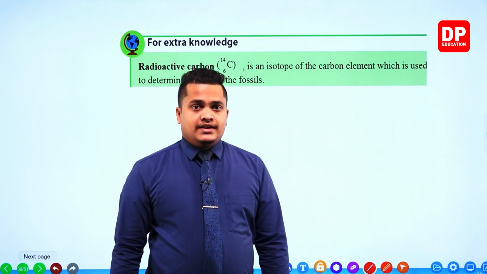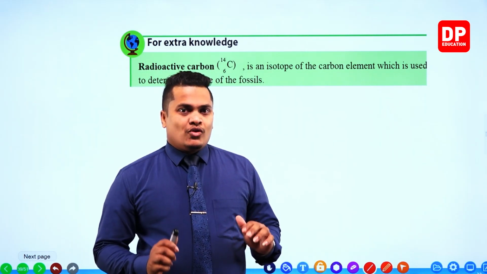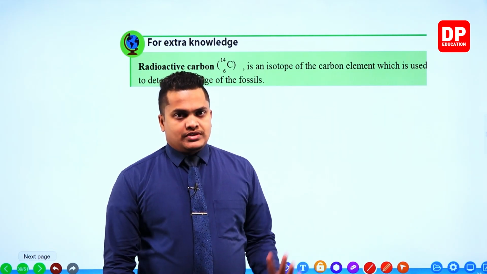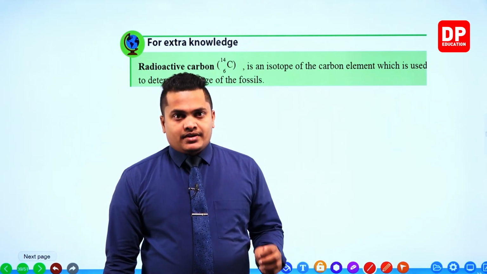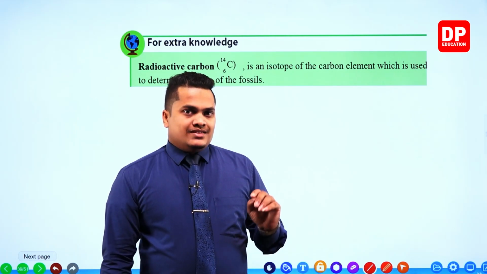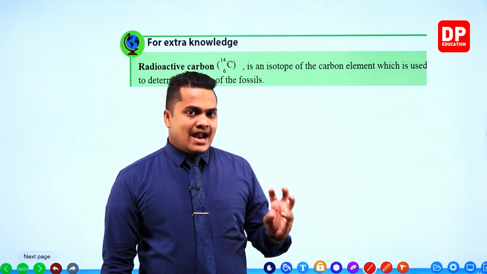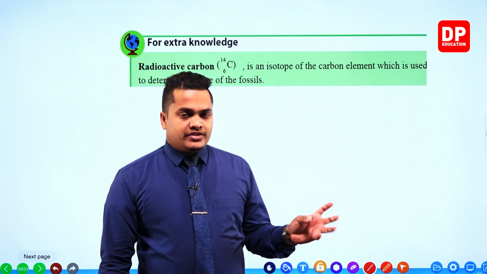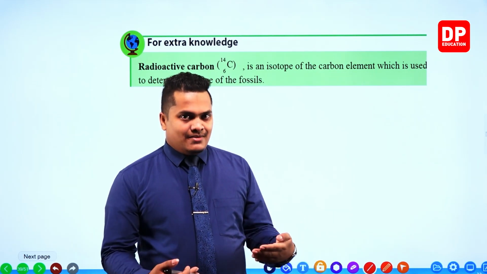So like I said, when you take a sample of a fossil to determine how old it is, scientists use the carbon test experiment. Here the radioactive carbon, carbon-14, is used. There is a certain time period in which a certain atom of carbon-14 is going to disappear, or change into other forms.